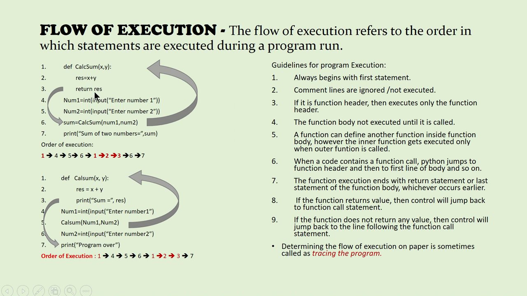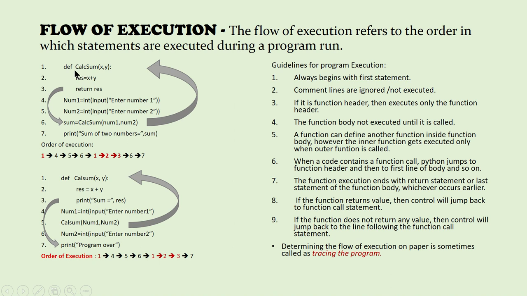As I already told you, when you write a program, the program starts with the execution of top level statements. So which is the top level statement? It is num1 = int(input('Enter number 1')). First it gets executed.